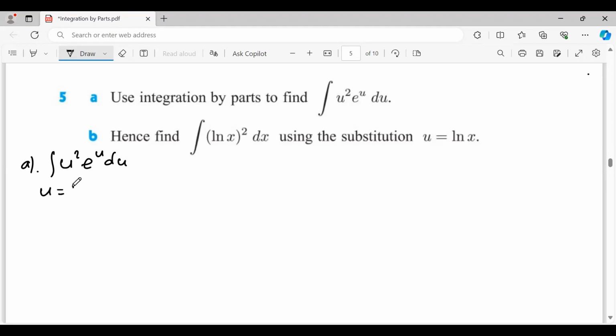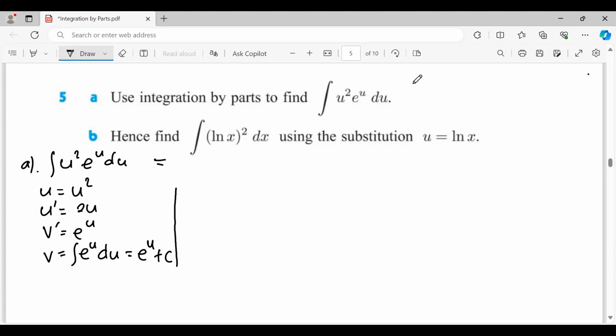If u equals u squared, the derivative of u equals 2u, and the derivative of v is e power u, so v is the integral of e power u du equals e power u plus c.